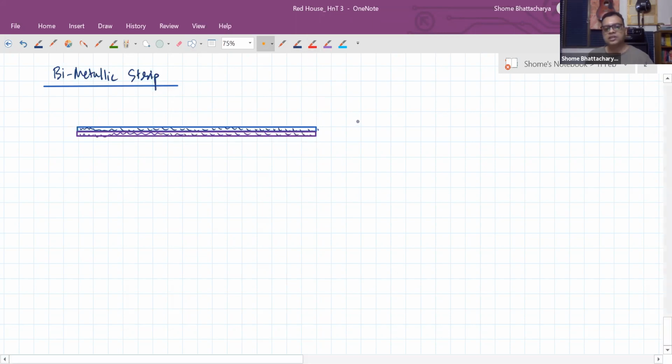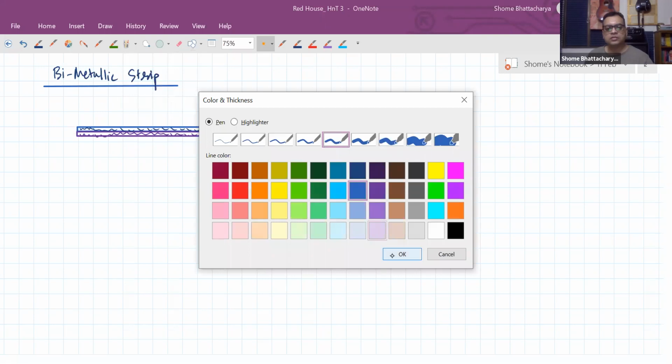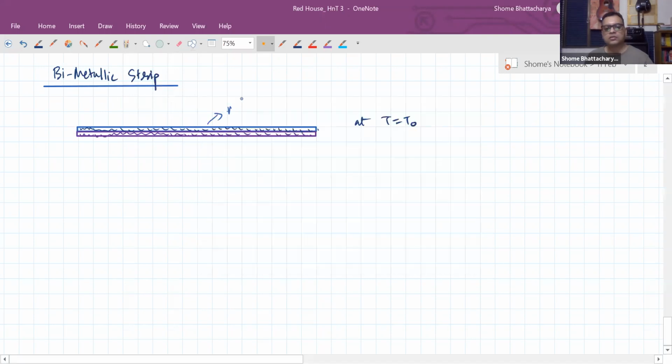So this is, let's say, at temperature T naught. We have two strips. The first one is metal 1, with coefficient of thermal expansion alpha 1. And the second is metal 2, with linear coefficient of thermal expansion alpha 2.